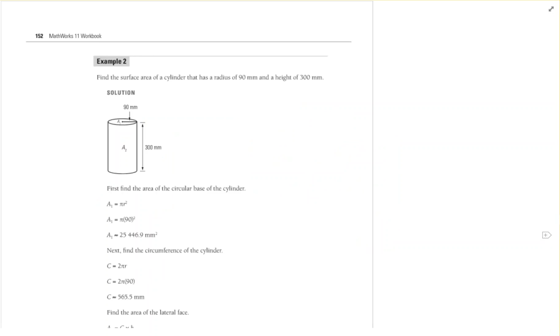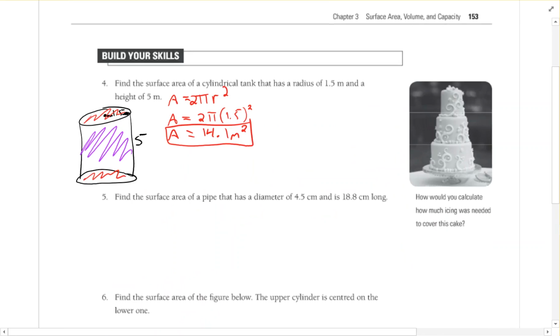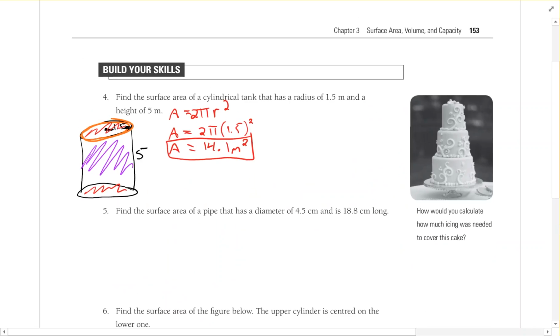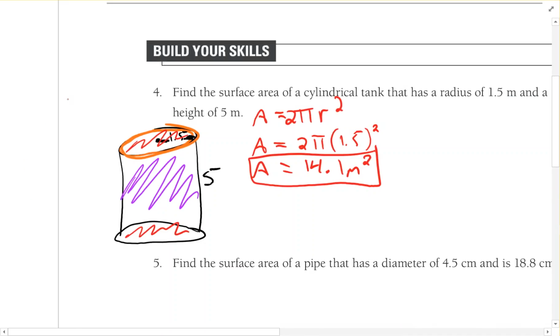So here, I'll show you what I mean. We need to figure out what the circumference is of this circle going around the outside here. The formula for circumference is C equals 2 pi r.